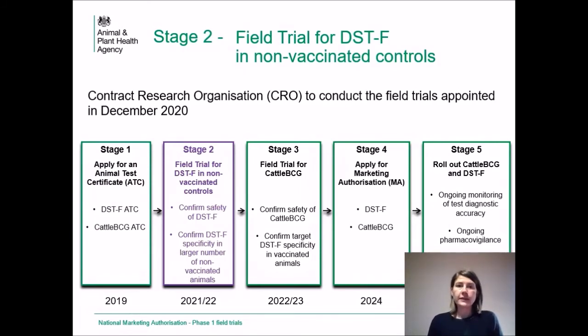There are two phases to the field trial. Phase 1 looks at DSTF in non-vaccinated controls, and phase 2 looks at the safety of cattle BCG and DSTF specificity in vaccinated animals.